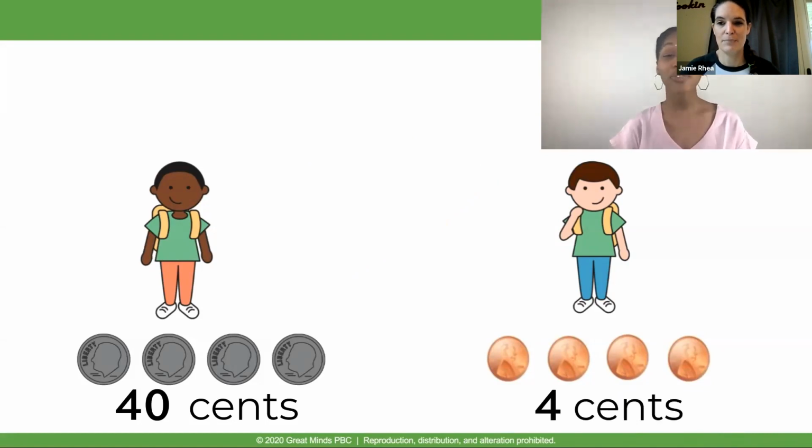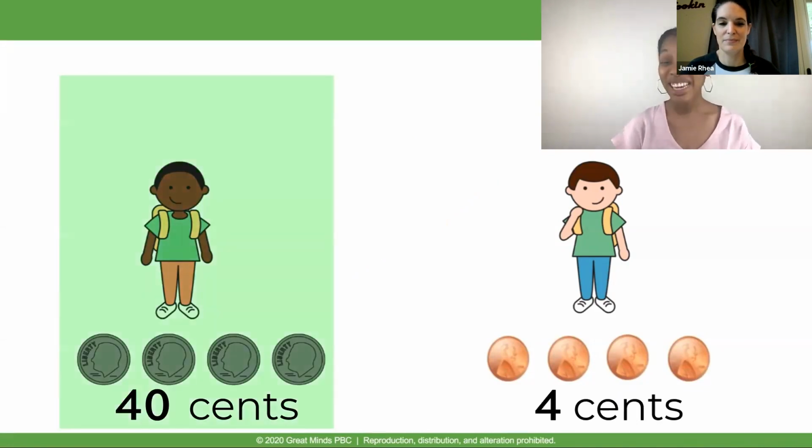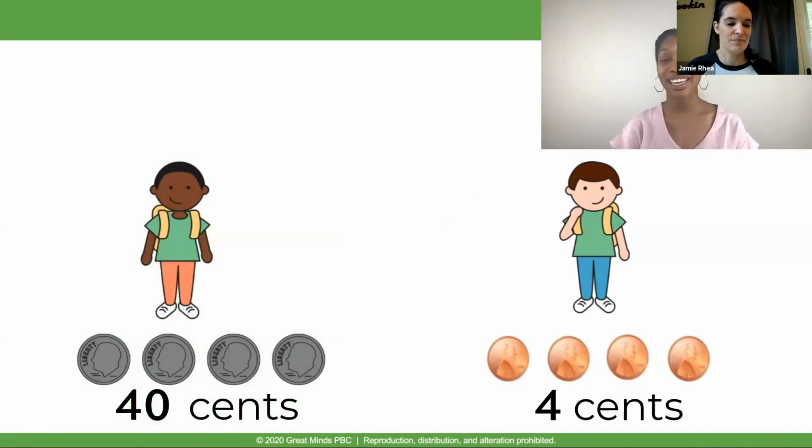Now we can figure out which boy has a greater total value of money. Jackson has 40 cents and Ivan has 4 cents. Point to the boy that you think has the greater total value of money.